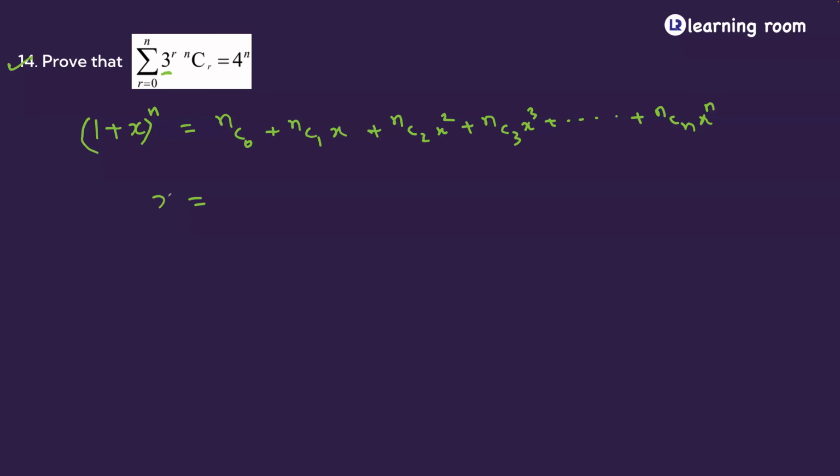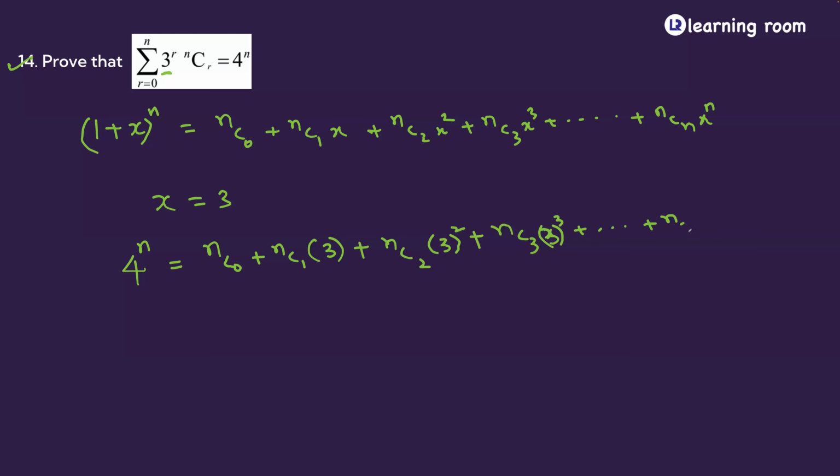If I put x is equal to 3, here it is going to be 4 power n is equal to NC0 plus NC1 into 3 plus NC2 into 3 square plus NC3 into 3 cube plus so on plus NCn into 3 to the power n.